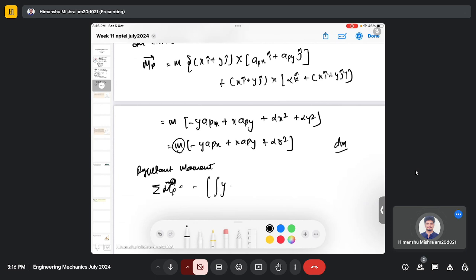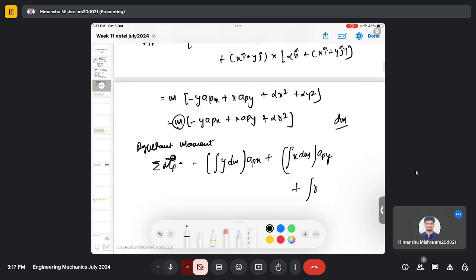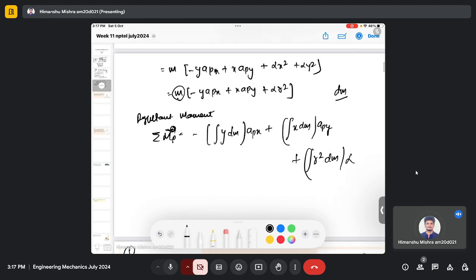So it will be y dm apx plus x dm apy plus r square dm alpha. And you can see that this term is the first moment, whereas this is the second moment. In mechanics, the first moment is always referred to the center of mass, and the second moment is referred to the moment of inertia.